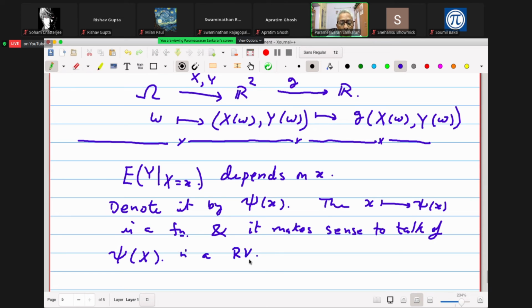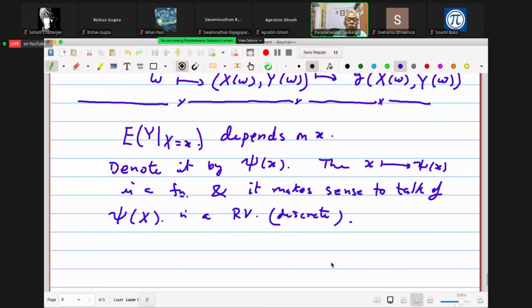It's a random variable, again discrete. And now this is really very interesting. You can ask what is the expectation of psi of X?